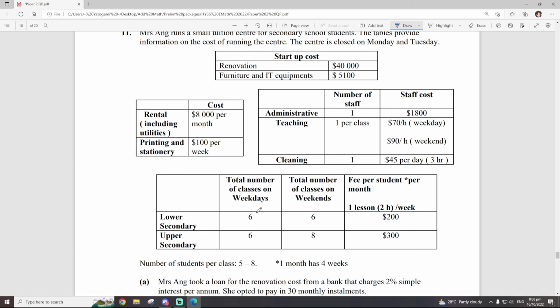This is a monthly fee, so there are 12 classes, and therefore there are at least 60 students in lower secondary and at least 70 in upper secondary. Okay?